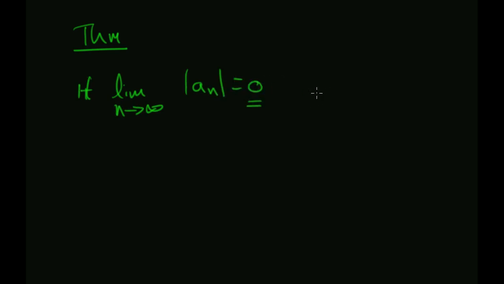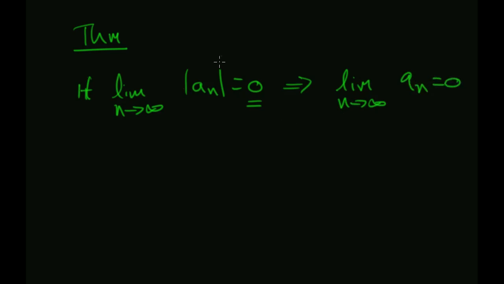Okay, so this is a pretty useful one. We're not going to give it a title, but it's a useful fact. If the limit as n approaches infinity of the absolute value of a sub n goes to 0, so it specifically has to go to 0, this implies that the limit as n approaches infinity of a sub n also is 0.